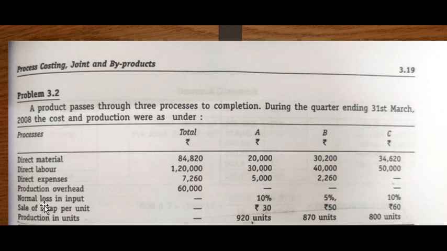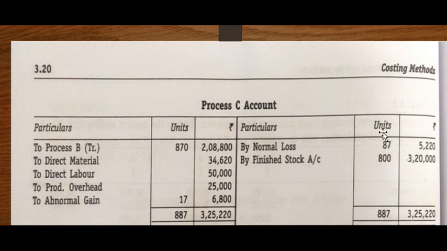Yes. In the problem they have given sale of scrap per unit as rupees 60. So your normal loss is 87, sold at 60 rupees, so 87 into 60 will give you 5,220. So that is what you've written here.